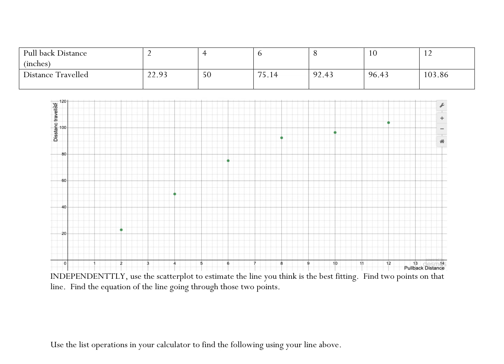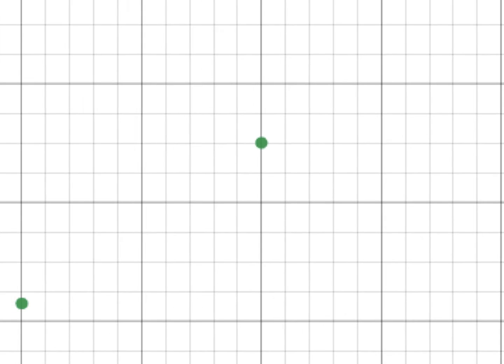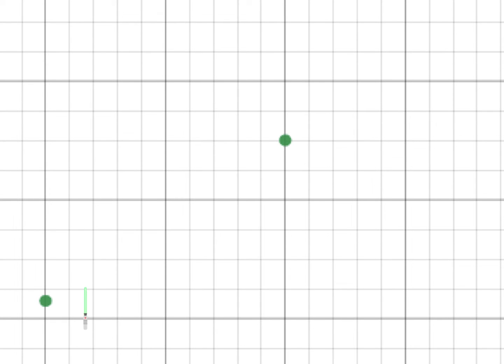And as you do that, you're going to want to pick it so that it goes right through one of those crosshairs, so that you can end up with two easy coordinate pairs. Is everybody with me?